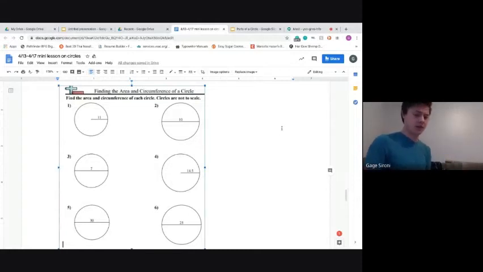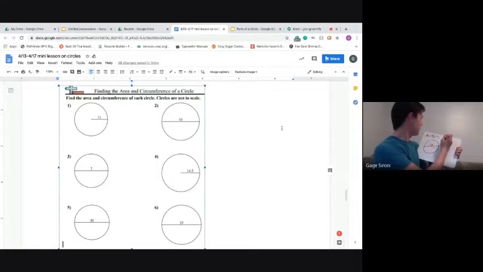Second one, we have a diameter of 10. Okay, so we have a diameter of 10. First thing I'm going to want to do is find my radius. So if the diameter is 10, the radius is going to be 5.